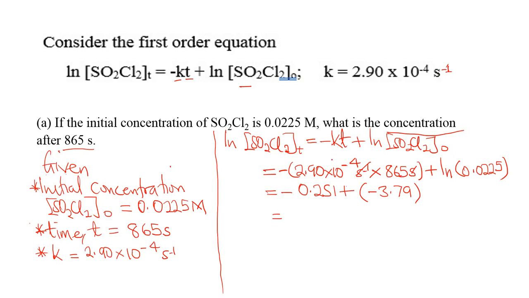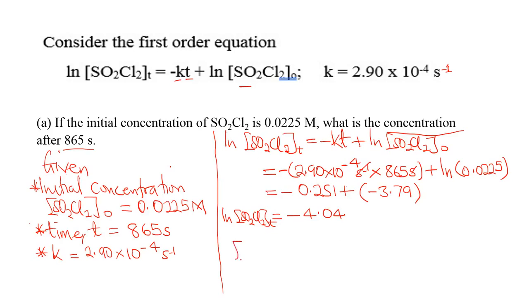So the answer is minus 4.04. So we are saying that the natural log of SO2Cl2 at time t is equal to negative 4.04.